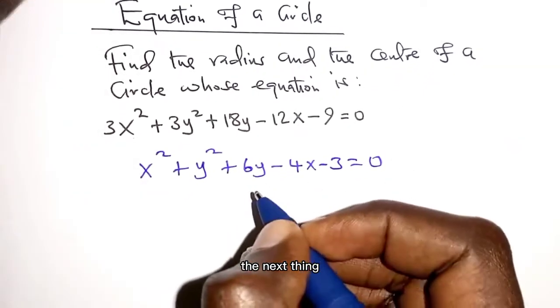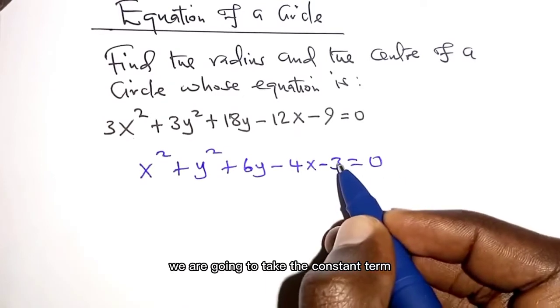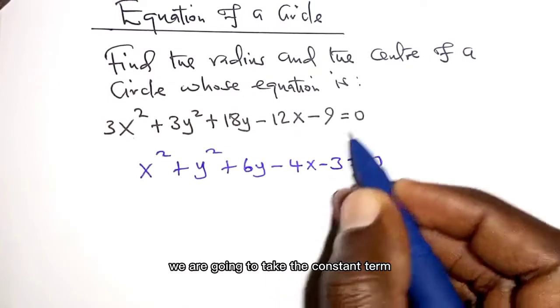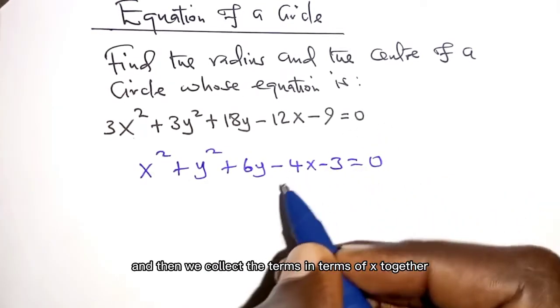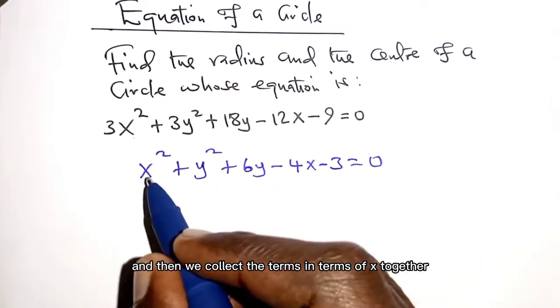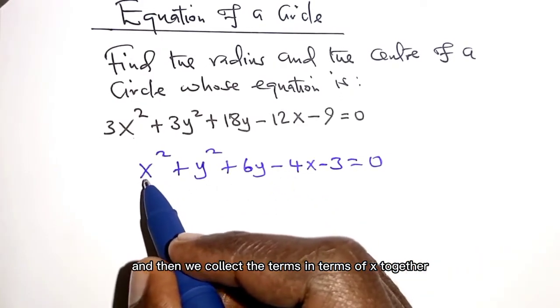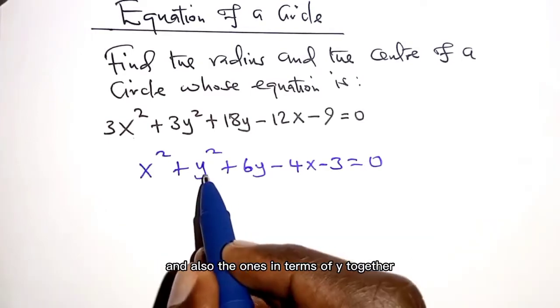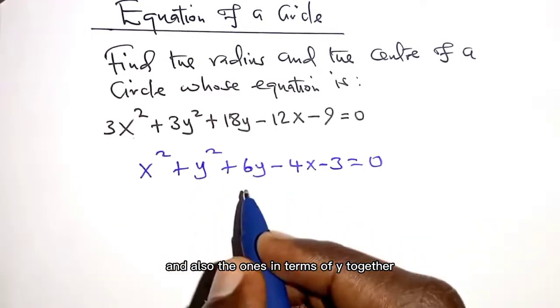The next thing, we are going to take the constant term to the right hand side, and then we collect the terms in terms of x together and also the ones in terms of y together.